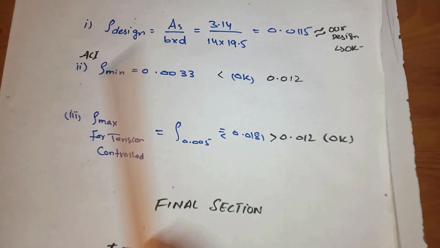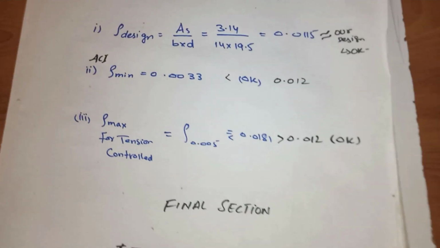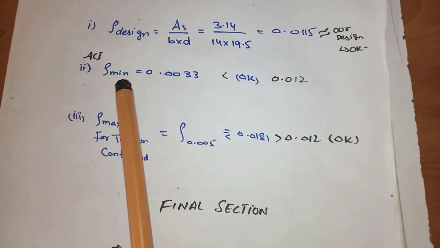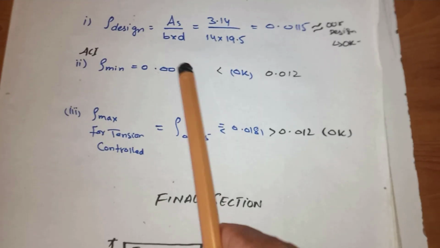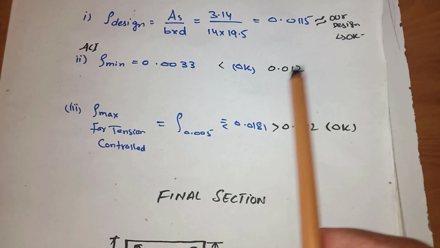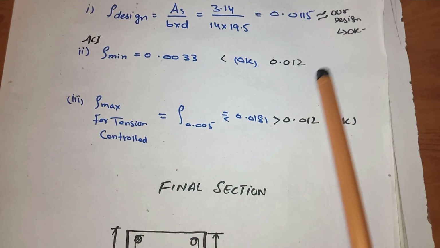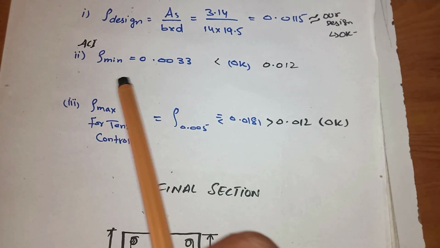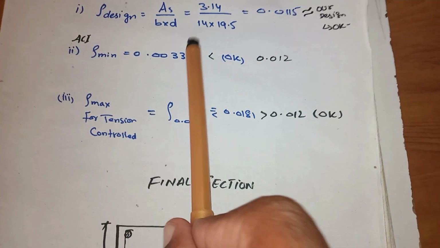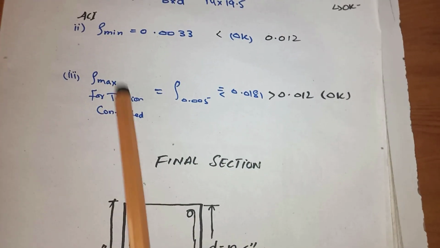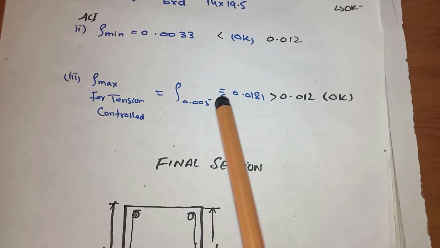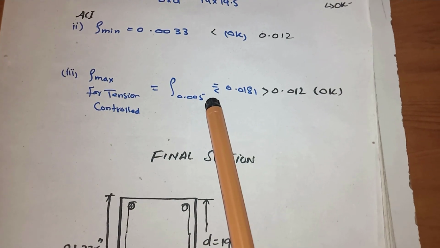The second test or check according to ACI is that rho minimum should be 0.0033. So we have 0.012, we have greater rho. So this criteria is also okay. The third criteria is that rho maximum should be 0.005.